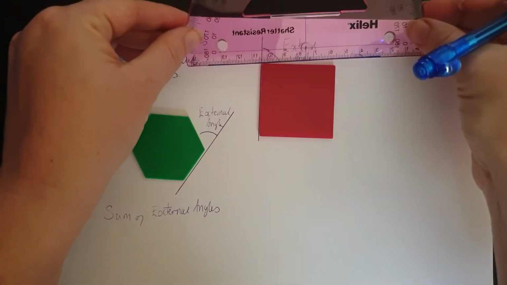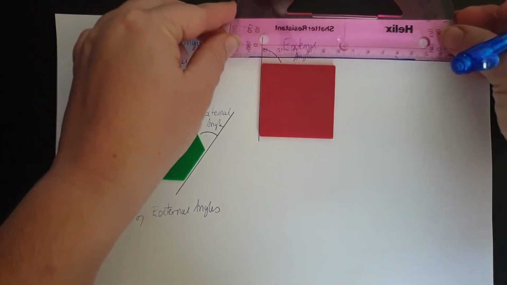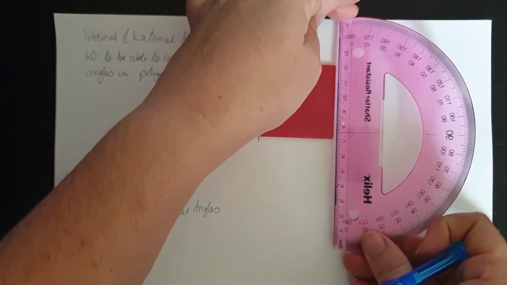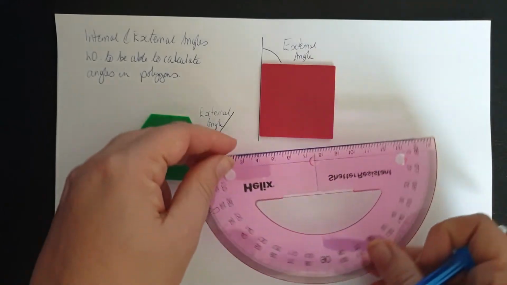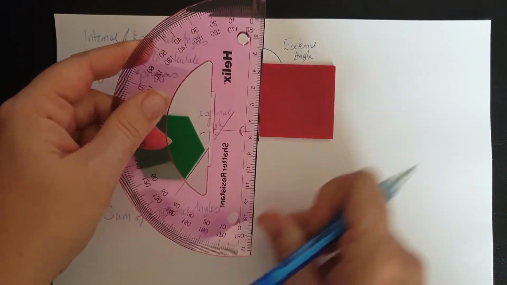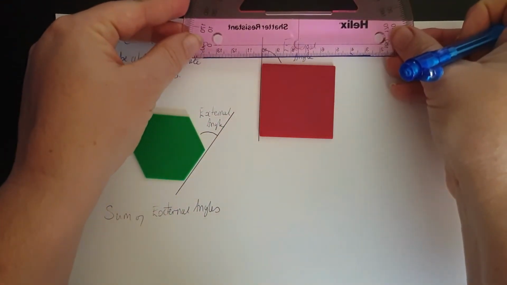you'll clearly see what's happening. Okay, so the protractor starts like that. Now as I move around the shape, matching side to side, you will see that eventually when it gets back up to the top, we're back to 360.